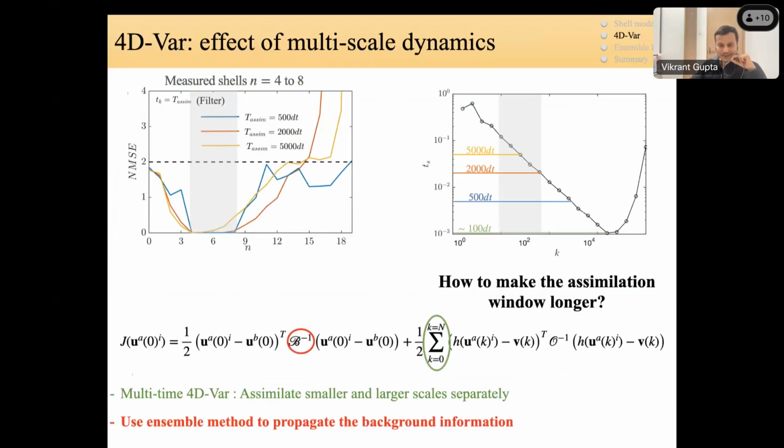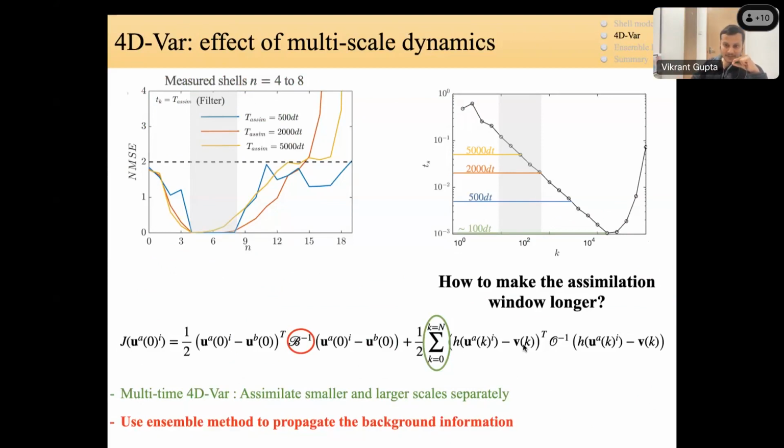I didn't quite get the question. So this is the background term, and this is the observation term. In the background, we have all the scales here, while in the observation, we only have the measured scales.